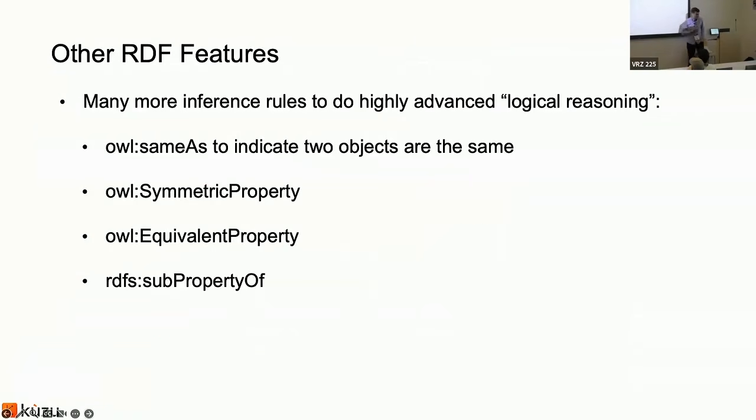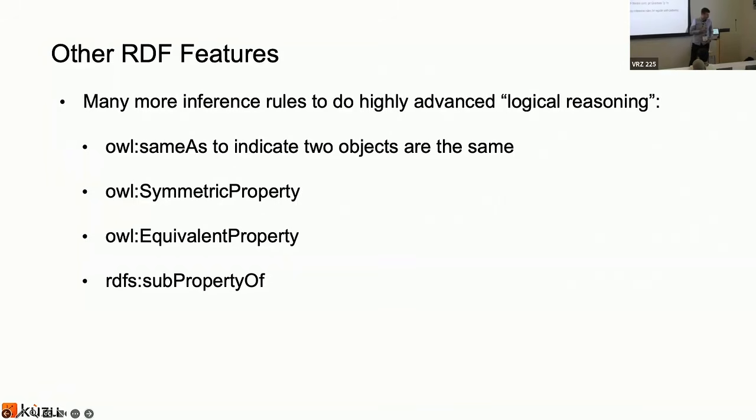All right, so there are tons of other very advanced reasoning features that you could have in RDF, like OWL symmetric property and OWL same as. It's like a lawyer writing down the definitions of everything and the nature of the relationships between everything. You could do this level of modeling that will allow systems, reasoners, to actually infer facts that you're not directly entering into the system.